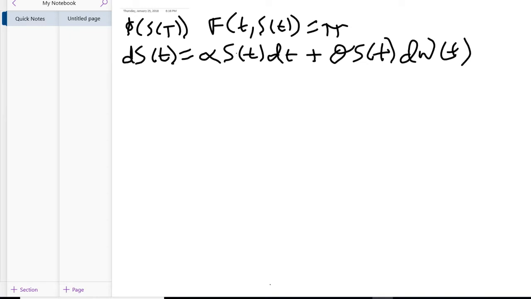I'll use W to denote the Wiener process. It's also known as a Brownian motion.